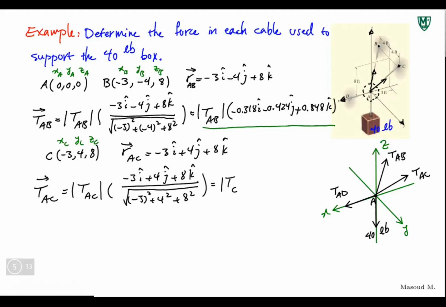If you do this math, TAC times the unit vector, so the values for that unit vector would be minus 0.318i plus 0.424j. Sorry for the mess. I'm going to write a k value here, which is the same as the previous one. So now this is the vector representation of AC in Cartesian space.